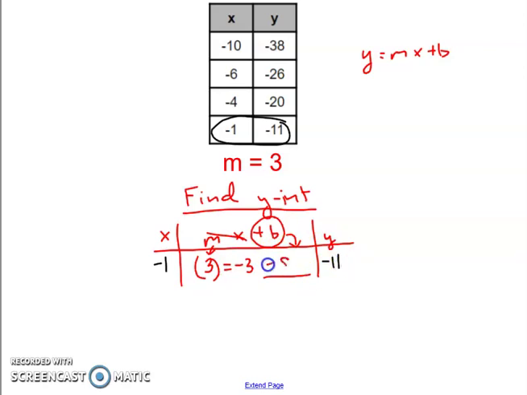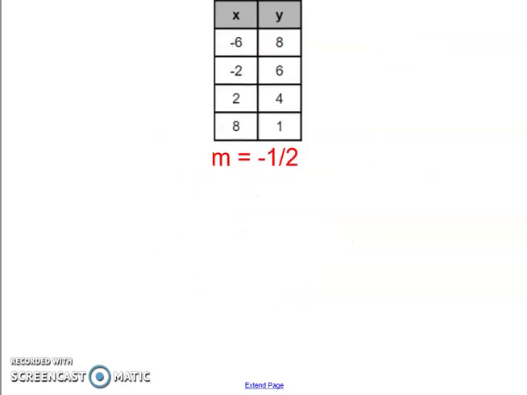I need to go -8 more. That would be my y-intercept. So my equation would be y equals 3 times my x value minus 8 will give me my y value. That's how you use that to figure out your missing value.